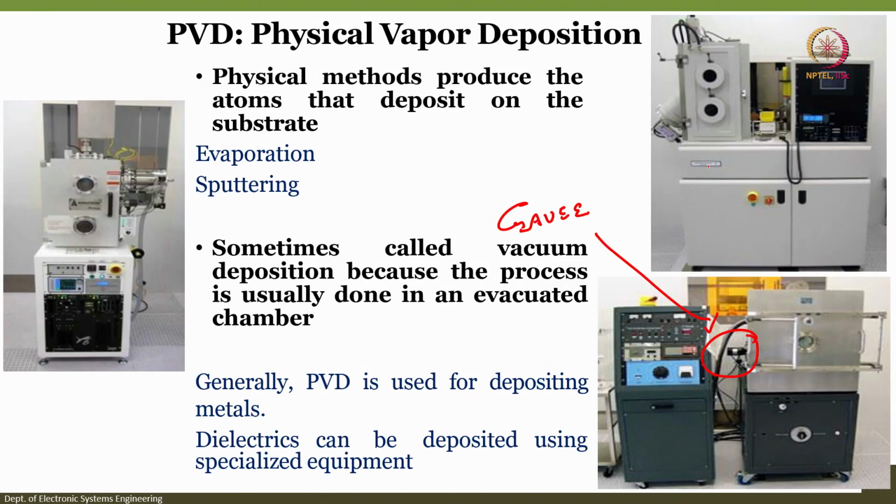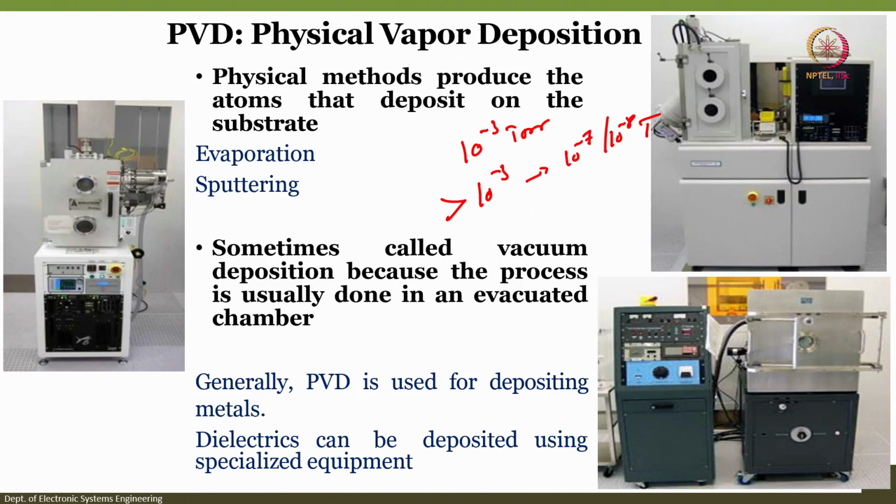Okay. There are two gauges, one is called Pirani and the other Penning, Pirani and Penning gauges. Okay. So, the Pirani gauge is used for measuring low vacuum, about 10 to the power minus 3 torr, and greater than 10 to the power minus 3, all the way to 10 to the power minus 7 or minus 8 torr, can be measured with the help of the Penning gauge, right.